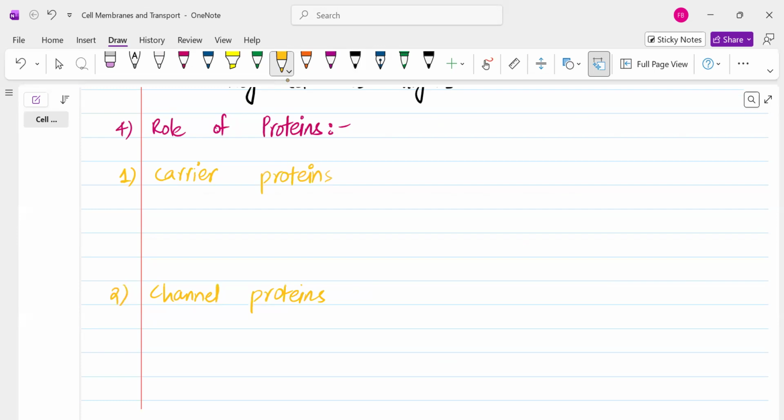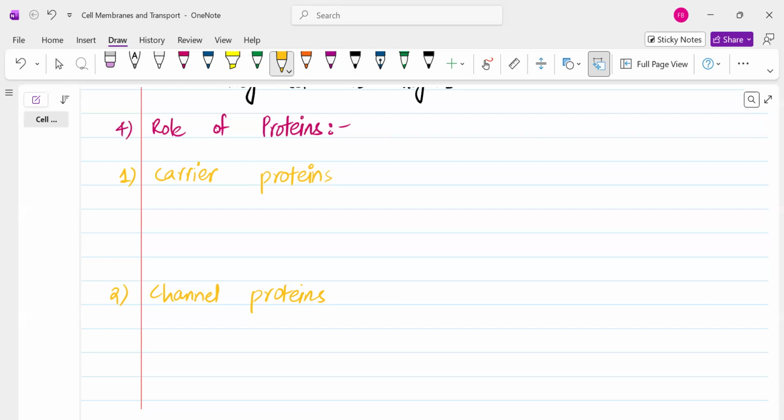And channel proteins serve as a gateway. They create a hydrophilic passage for the molecules to enter the cell, like the sodium ions or potassium ions, the ions to enter the cell.